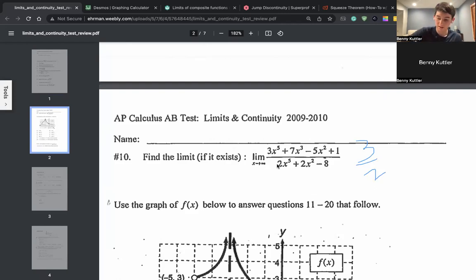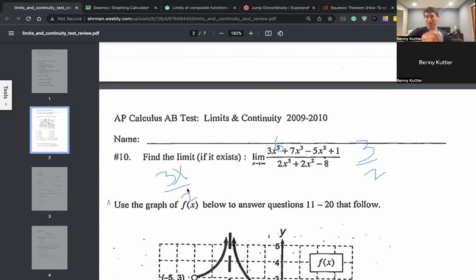Now, if instead this was x to the 6th, then the top is higher than the bottom. So if we took 5 derivatives, the bottom just goes to a number, but the top still has an x in it. So we'll have 3x over 2, I believe. And now if we take x to infinity, this isn't going to stop because there's still an x here. So 3 times a really big number is going to be a really high number.